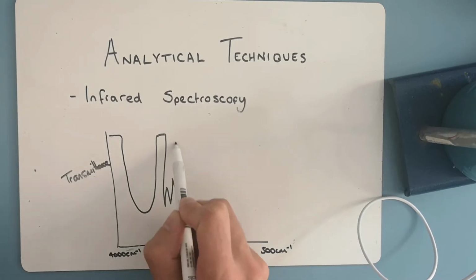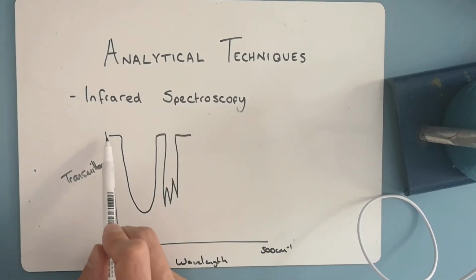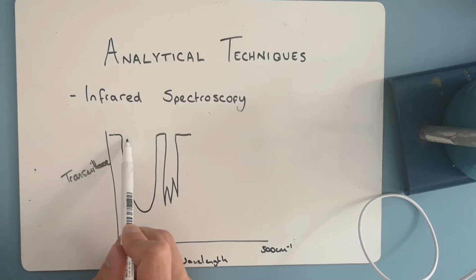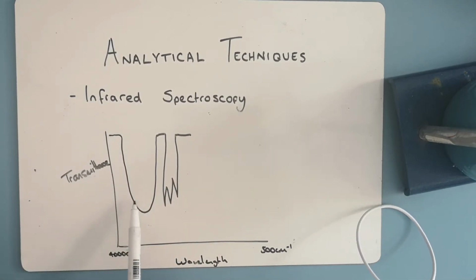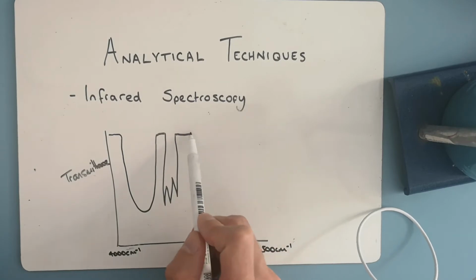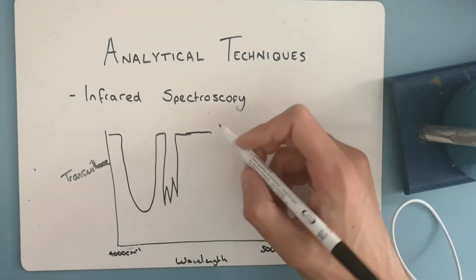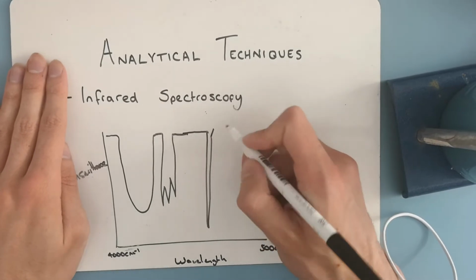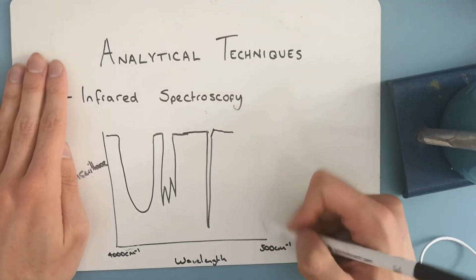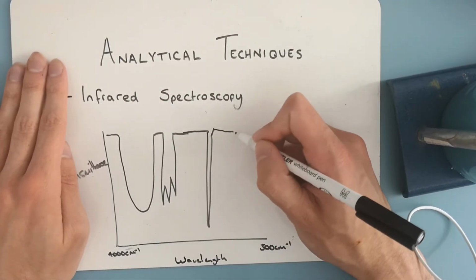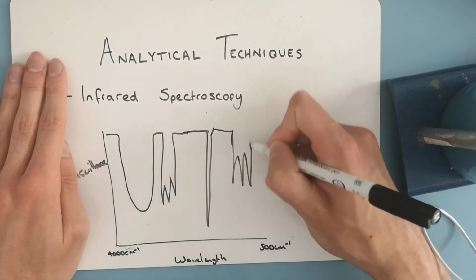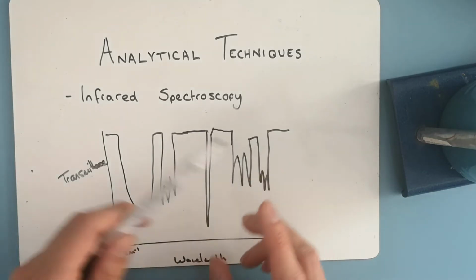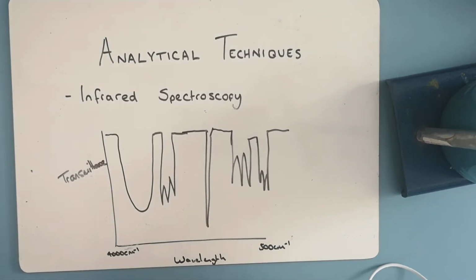We might get these peaks, where suddenly infrared light has been absorbed, so there must be a bond there. Then we get nice big broad peaks that are specific, and as we get closer to 500 centimeters to the minus 1, we get what we call the fingerprint region, where we get lots and lots of peaks and it's difficult to distinguish.